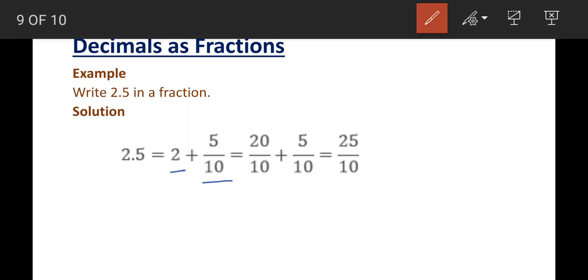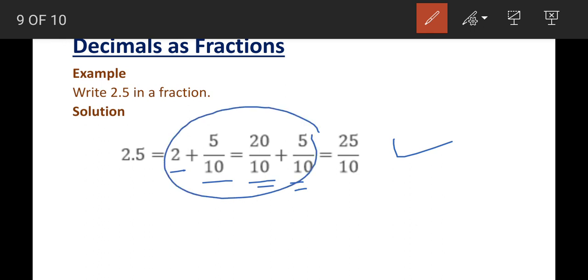After that you can write 2 as 20 by 10, plus 5 by 10. So we can say that it is 25 by 10. If we remove all these steps, you can directly write these two digits, 25. How many digits after the decimal point? Here it is 1, so we write 10 as the denominator.